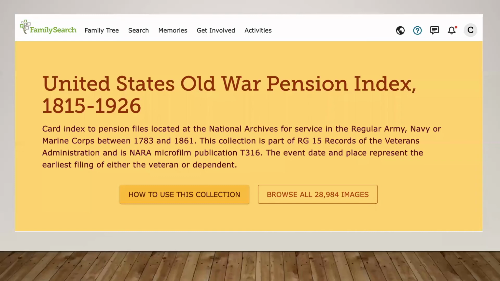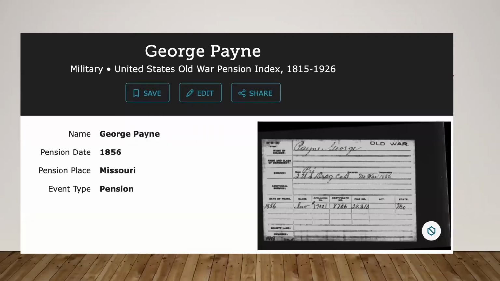Well, the Old War Pension Index is out at FamilySearch. And when I look for George Payne there, I'm expecting a guy from Virginia, and there's nobody from Virginia there. But there is a George Payne with a pension date of 1856. That would make sense because he gets discharged in '55. His pension place is Missouri.